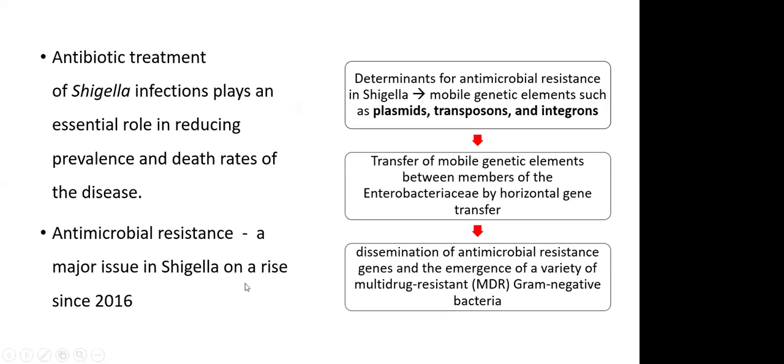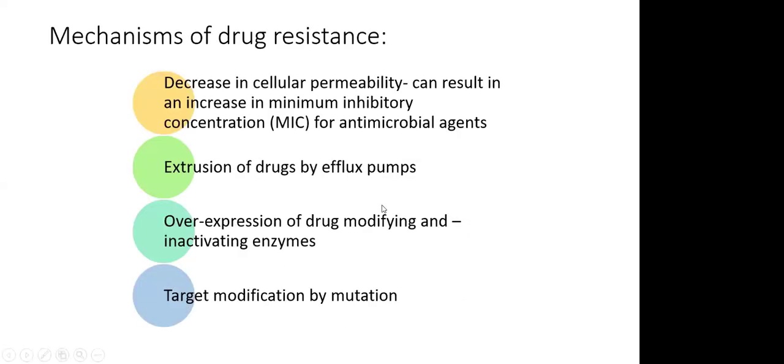This antibiotic resistance is carried like in any other Enterobacteriaceae. They are carried on mobile genetic elements which are transferred between members of the Enterobacteriaceae, like from any other gram-negative bacilli, by horizontal gene transfer. And there is a dissemination of antimicrobial resistance genes.